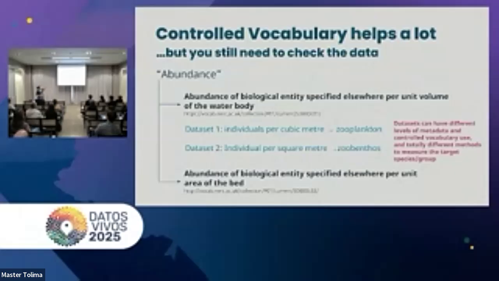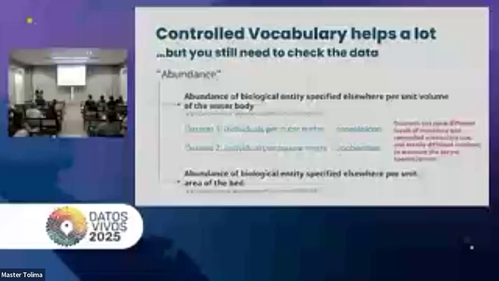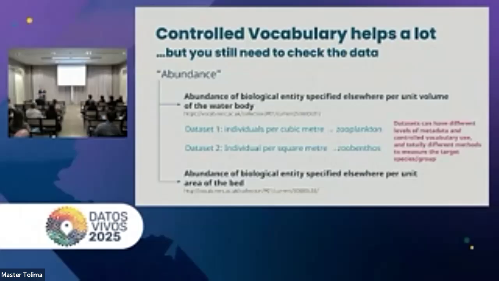We have two examples here where abundance is measured in the water body, and another example where it's measured per unit area of the bed. This is where it can be really important to double check the units of the data, to make sure we're comparing the same thing. And additionally, just because it uses the same measurement type ID, this little code, doesn't necessarily mean it is the exact same.